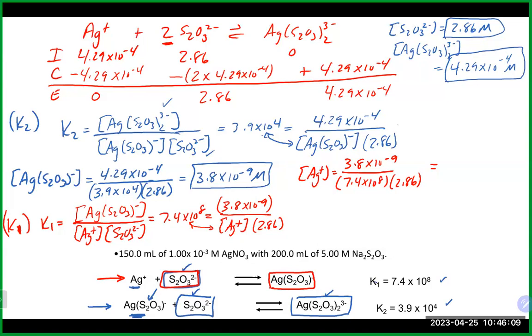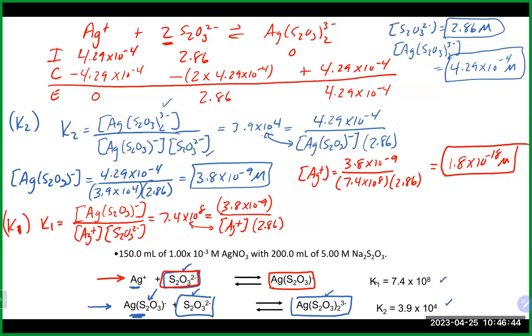That gives me 1.8 times 10 to the minus 18, which would be our silver concentration. Based on our assumption, our silver concentration should be a small number, and that would definitely qualify as a small number. Question on that? In this case, if you are given the steps, you can use each step, because each step is an equilibrium, which means if you have equilibrium concentrations, you could go into it.